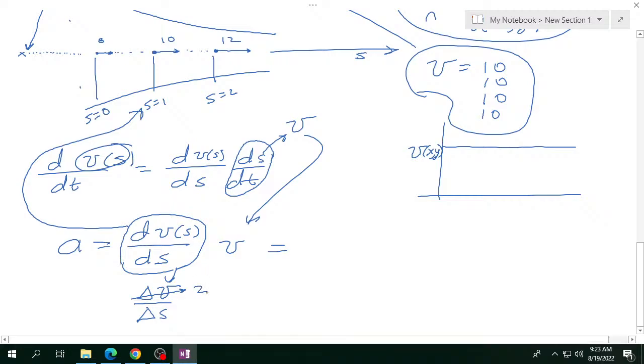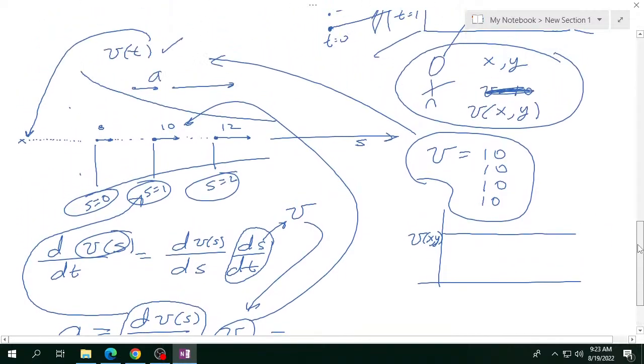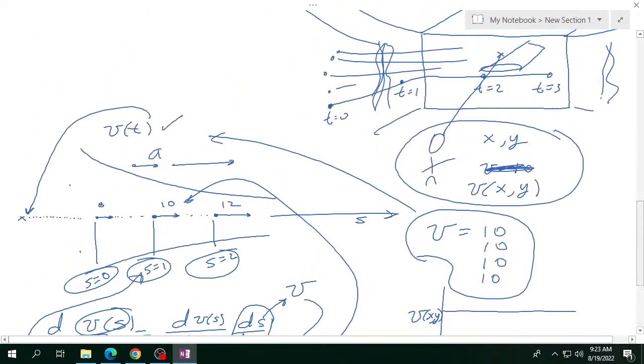So I'd be increasing 2 over a distance of 1 because I went from 0 to 1 to 2. But the velocity where I'm staring stayed at 10. So in this case, the acceleration is 20, even though the person staring at that location only sees 10. So he has the false opinion that nothing's accelerating, but in fact it is.